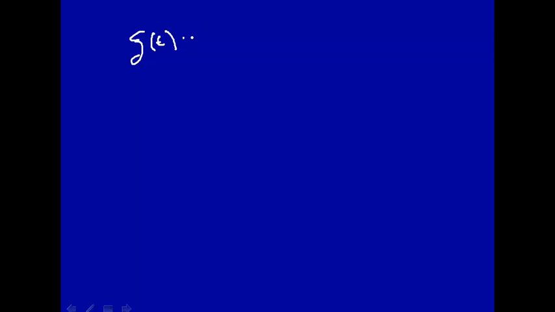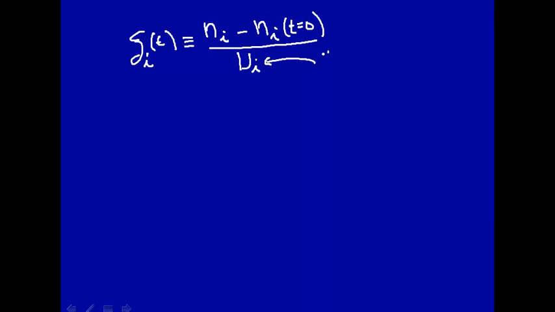So let's define this as the number of moles of some reactant species i at time t, minus the number of moles of that species at time equals 0, divided by this symbol ν_i, where this is the signed stoichiometric coefficient in the balanced chemical reaction.